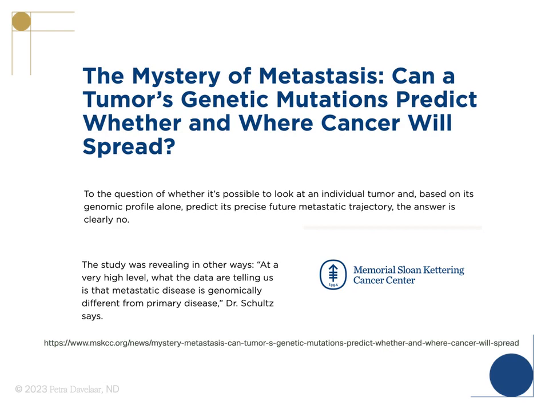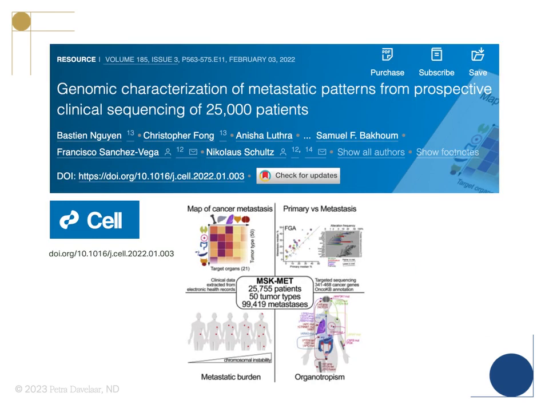The answer is clearly no. The study was revealing in other ways. The data showed that metastatic disease is genomically entirely different from the primary disease. They analyzed over 50 tumor types and close to 100,000 metastases.